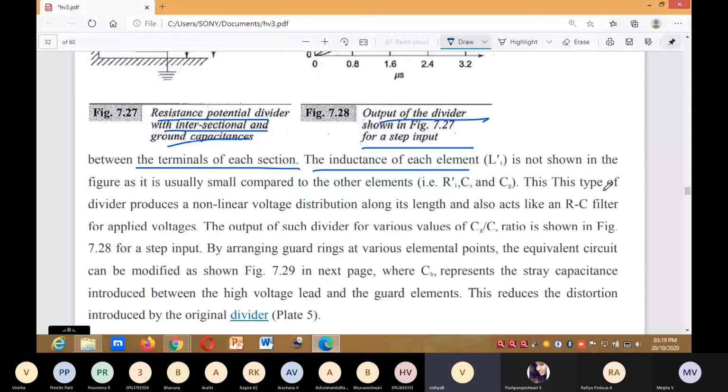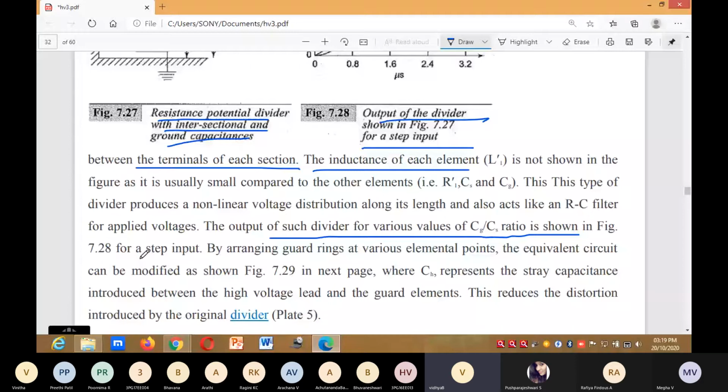This type of divider produces a non-linear voltage distribution along its length, and also it will act as an RC filter for applied voltages. The output of such a divider for various values of Cg by Cs ratio is shown in figure 7.28 for a step input.